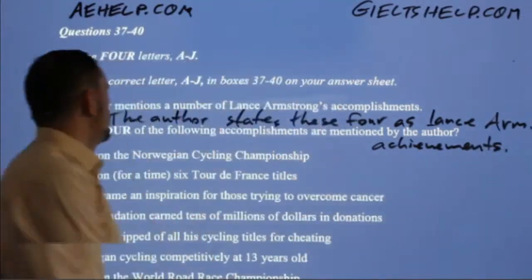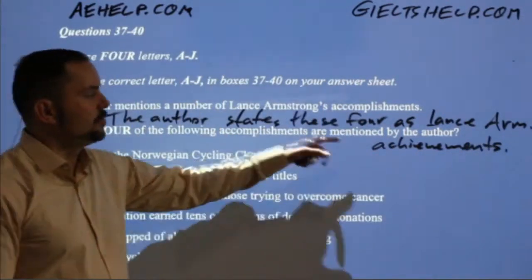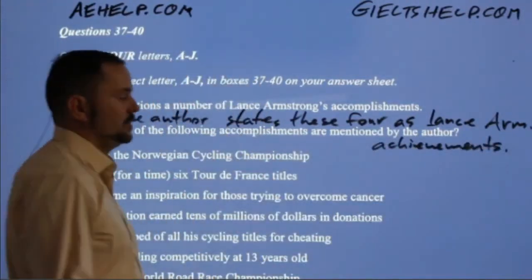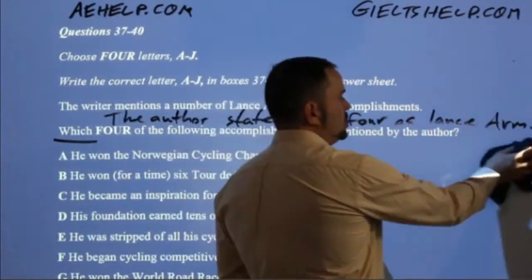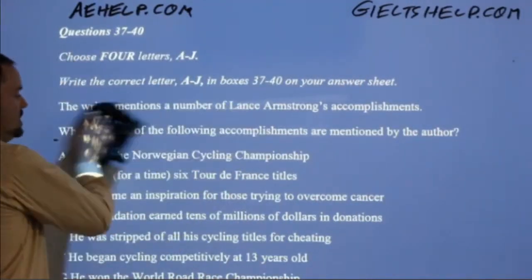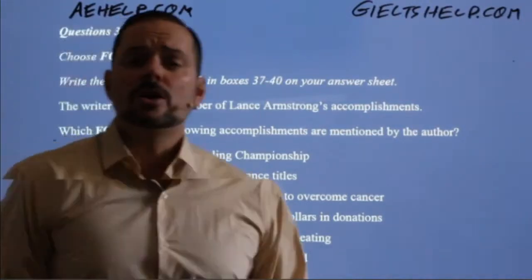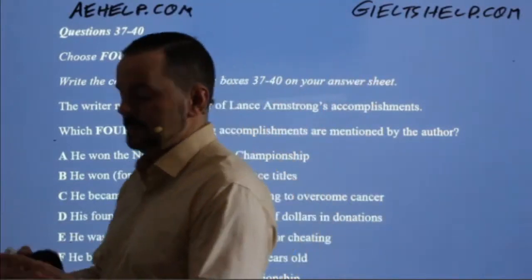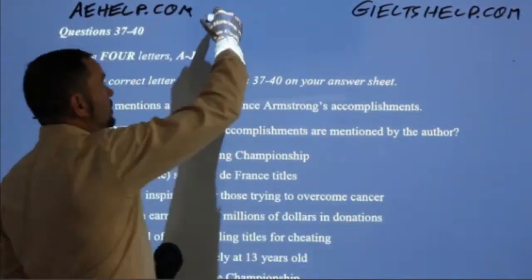Okay, so that's all. The author states these 4 as Lance Armstrong's achievements, and then we'll watch for those 4, or we'll try to mentally catalog those achievements, create some visualization and some pictures. Okay, cool. So I think we're ready to read. Is everybody ready to go? Ready to read with me? Yeah? Read together aloud.